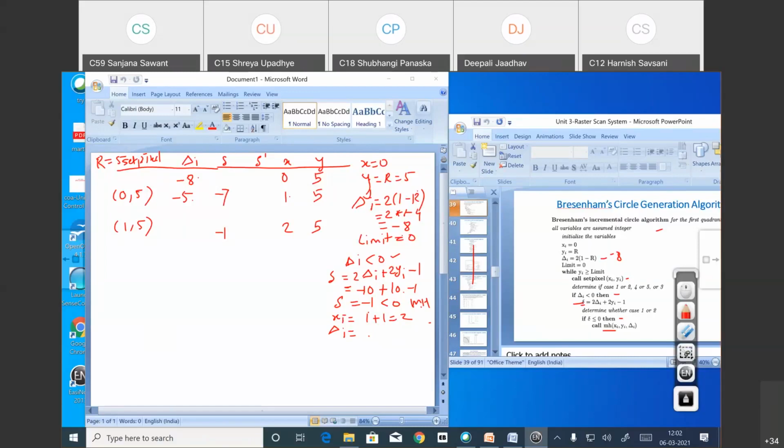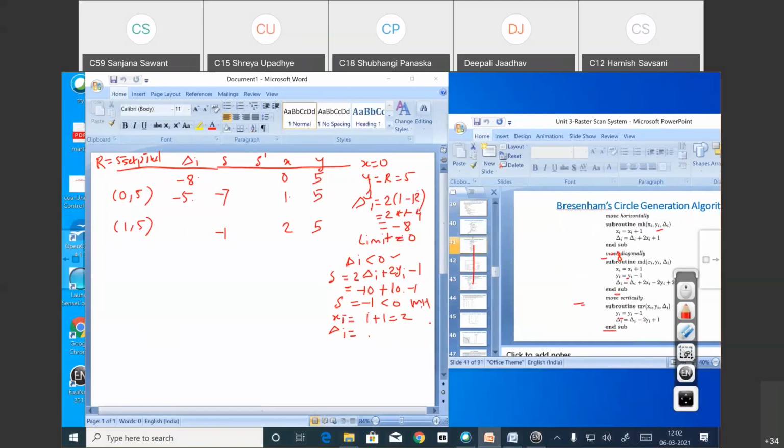So how do we calculate the value of delta I? MH: delta I plus 2xi plus 1. What is delta I? It is minus 5. So minus 5 plus 2 into xi, 4 plus 1.